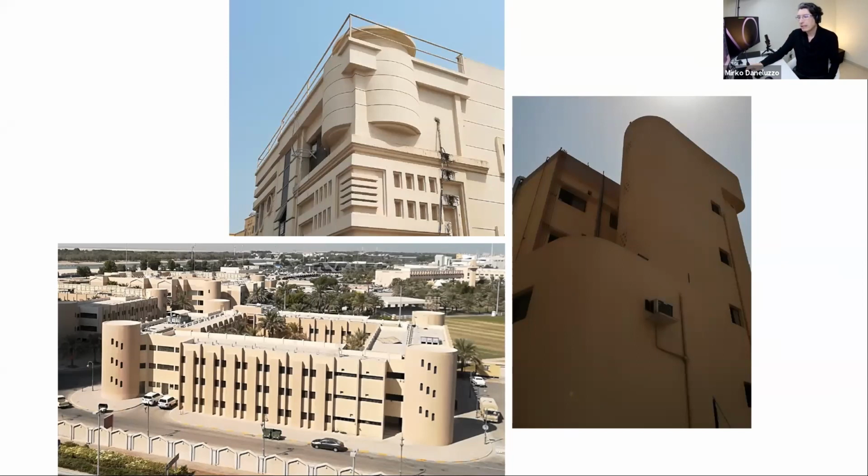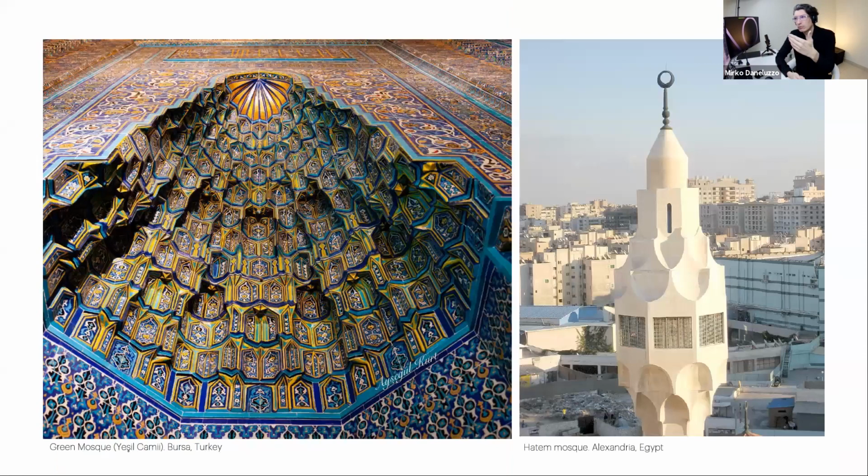And I wanted to analyze one of the emblematic elements of Islamic architecture, the Muqarnas. I started to investigate traditional architecture, like the Queen Mosque in Bursa in Turkey, or modern interpretations like the Hatem Mosque in Alexandria, Egypt.